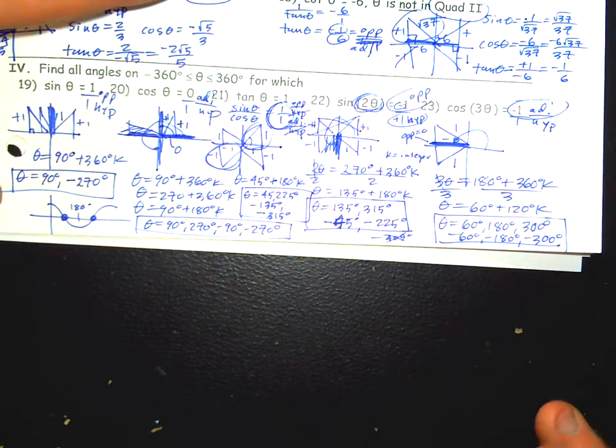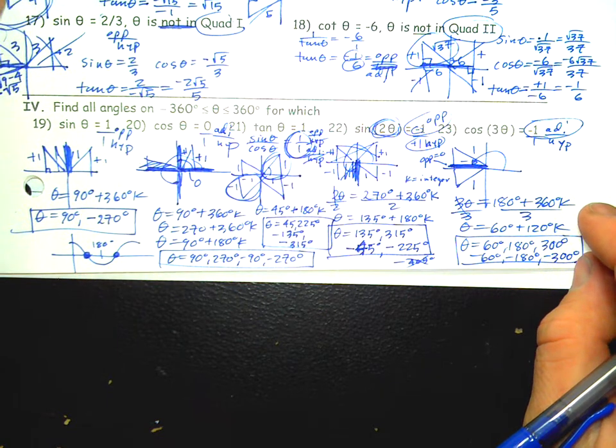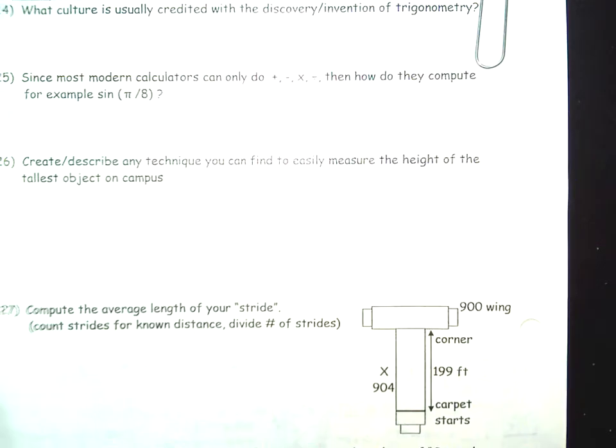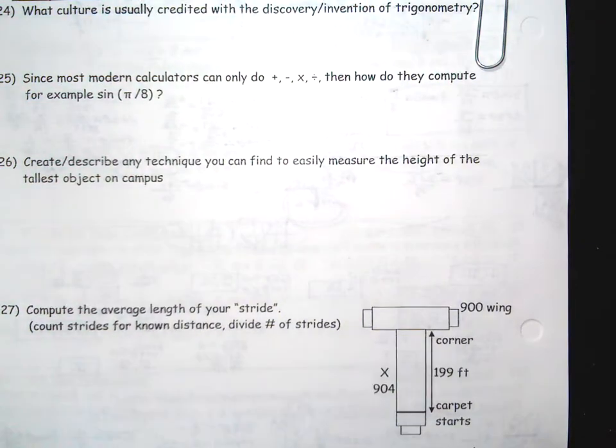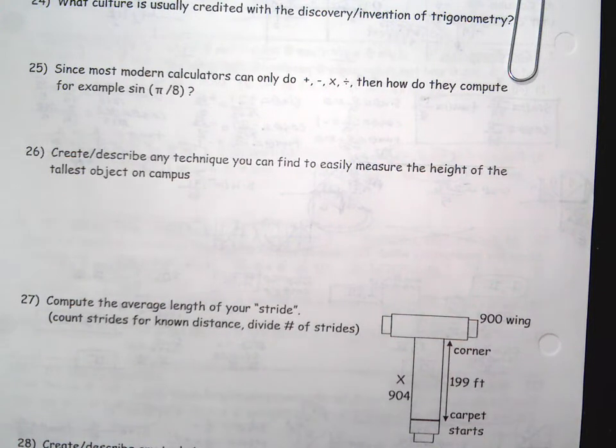So there you go. That's all that detailed trig on the front. So the questions on the back, I'll talk about a little bit. What culture is usually credited with the discovery and invention of trigonometry? So you could have Googled that. And, you know, you might have found conflicting answers.